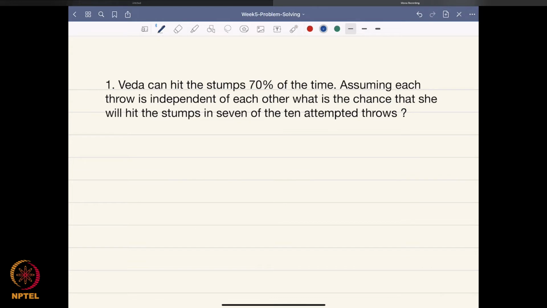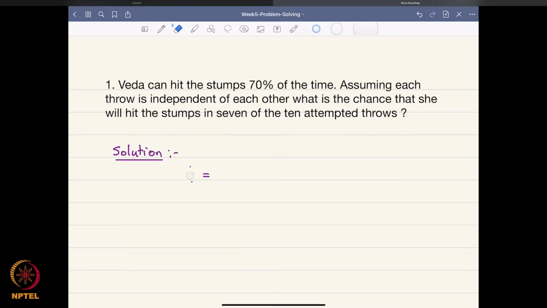So here's the solution. Let me use a different color so it's clear. The way one would do this is that you'd think of hitting the stumps with a throw as a success. So you could think of P as the probability of success.